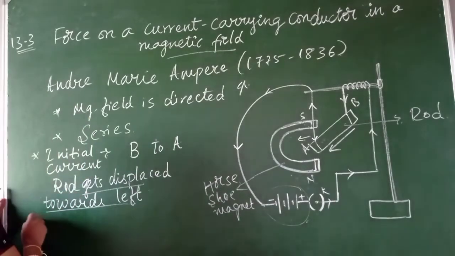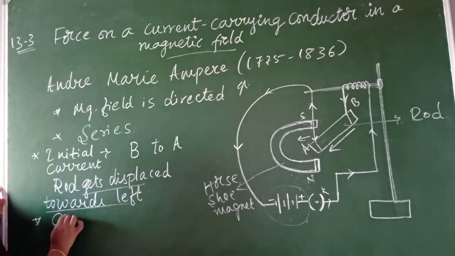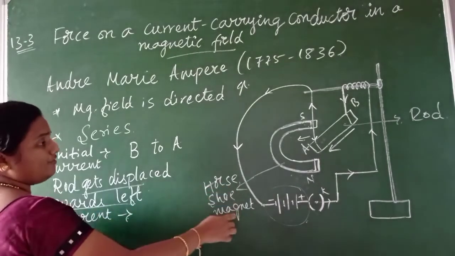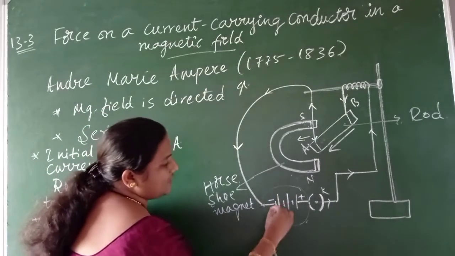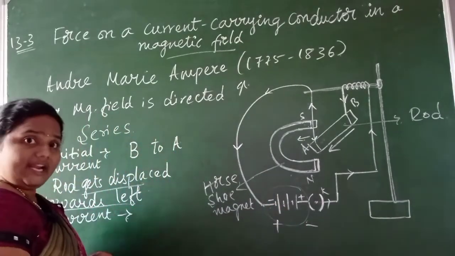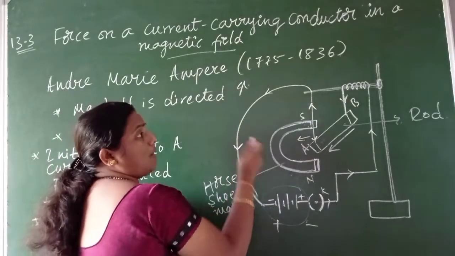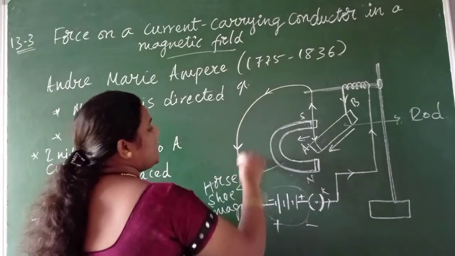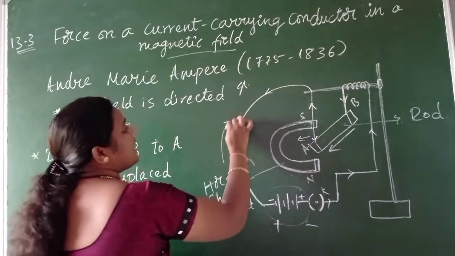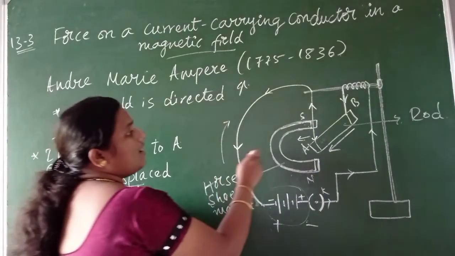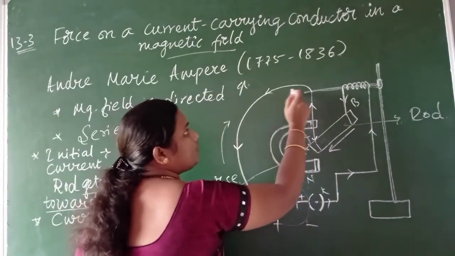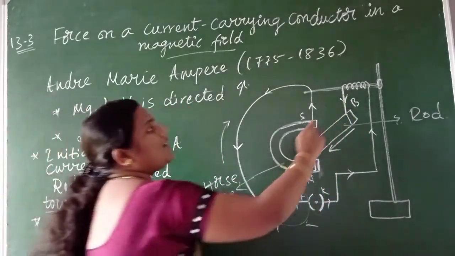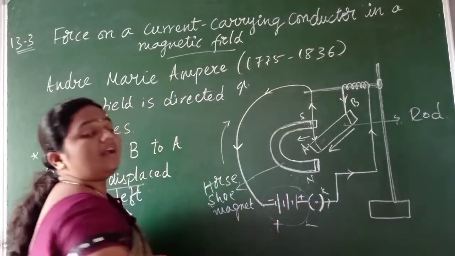In the second case, suppose the current is flowing from, because now this side has become positive and this side negative. Always the current will move opposite to the direction of the electrons, isn't it, children? When the current starts moving in this direction, through this wire it moves this way, from A to B, and then comes back to the battery.